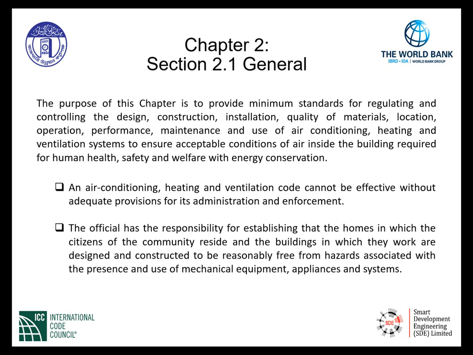Chapter 2, Section 2.1, General. The purpose of this chapter is to provide minimum standards, not only for regulating and controlling the design, but also the construction, installation, quality of materials, location, operation, performance, as well as maintenance and the use of air conditioning, heating, and ventilation systems to ensure acceptable conditions of air inside the building required for human health, safety, and welfare with energy conservation.